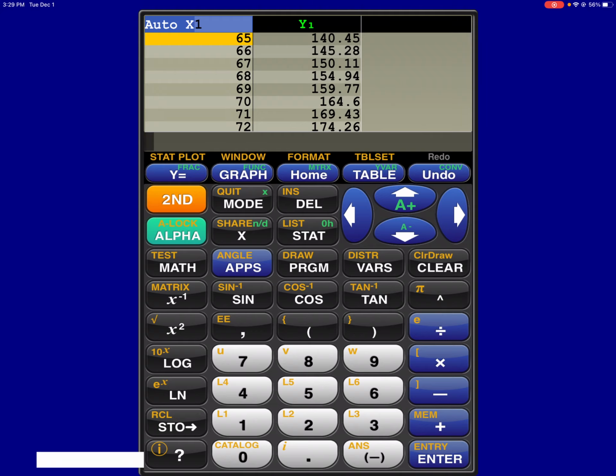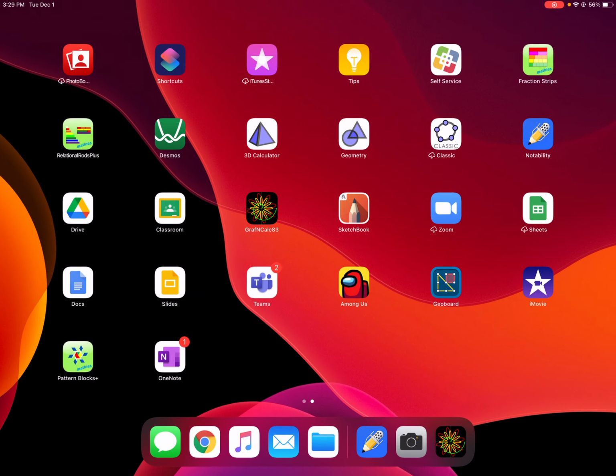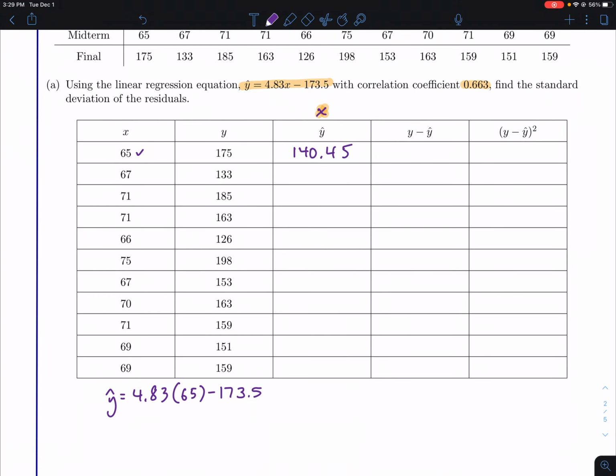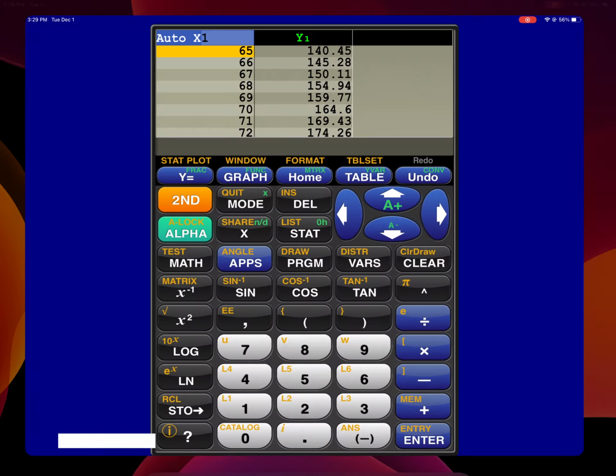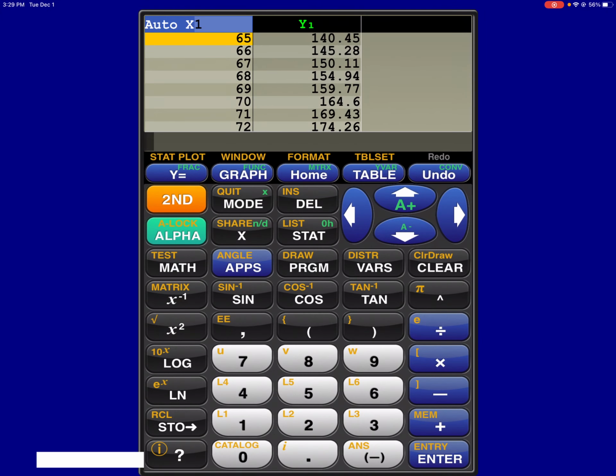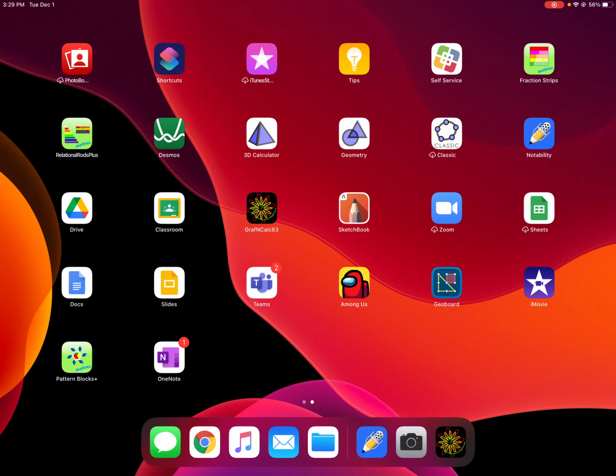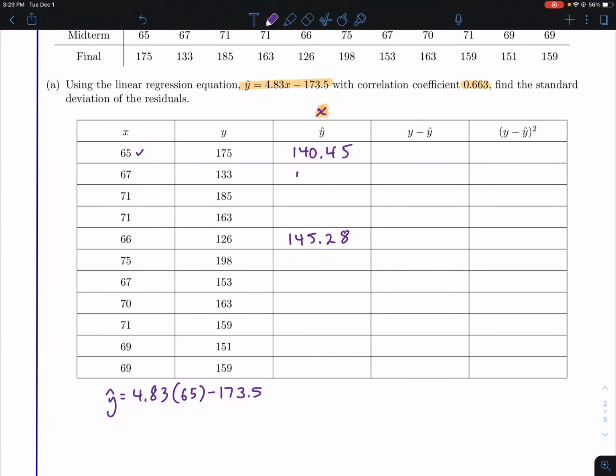I think 66 was on there, so 145.28. Then 67's on there, so let's grab 67. So 150.11. And there's another 67.